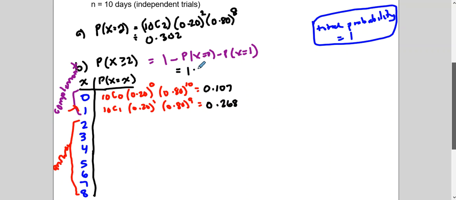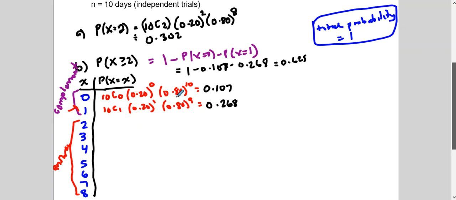All right, so my answer is 1 minus 0.107 minus 0.268. So 62.5% of the time, I'm going to see a police officer at least 2 times.